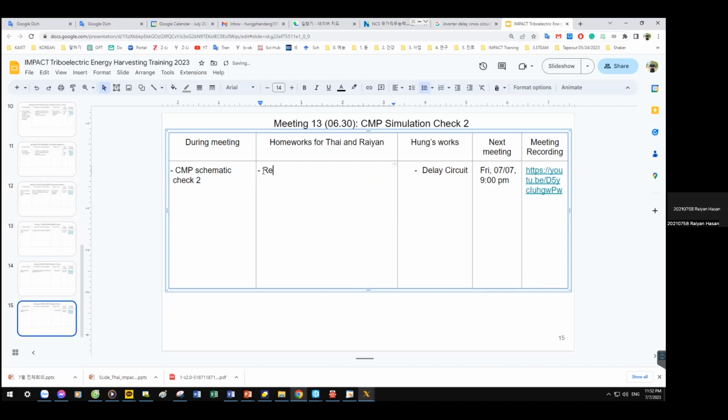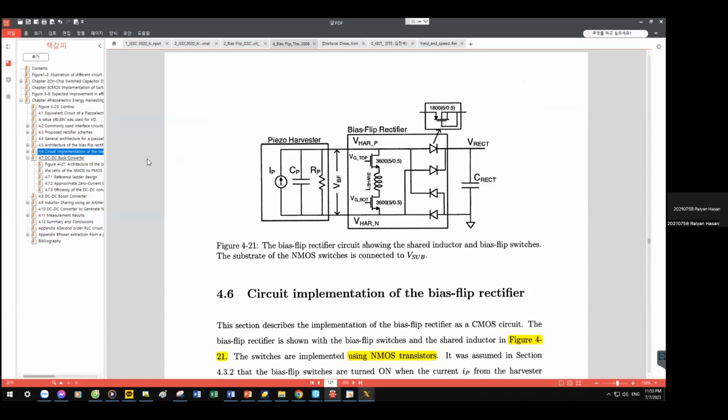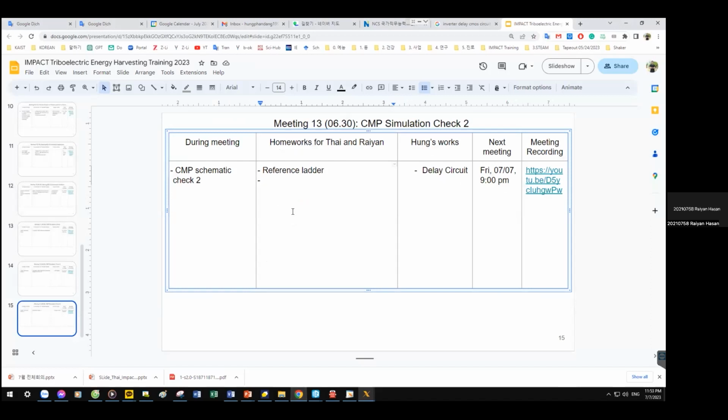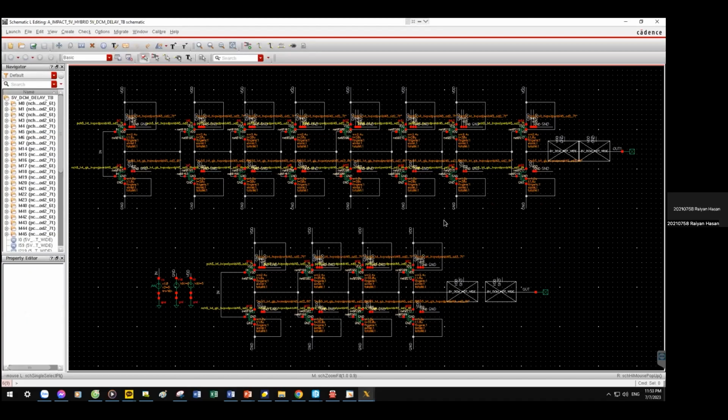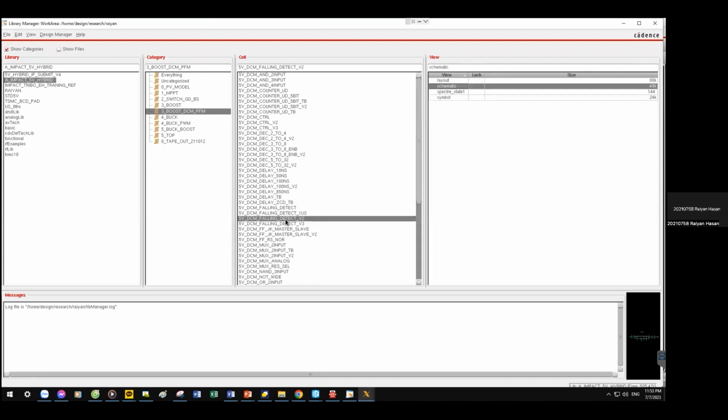Then power control. Here is the delay circuit you make by yourself, and in the library we also already have a delay circuit.